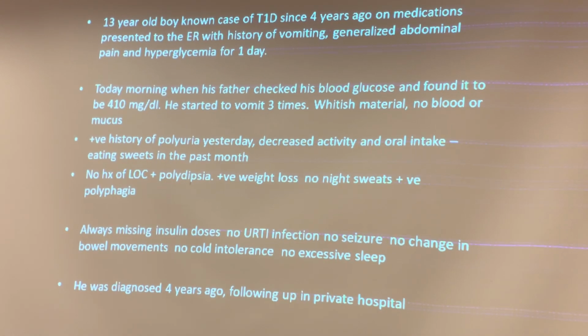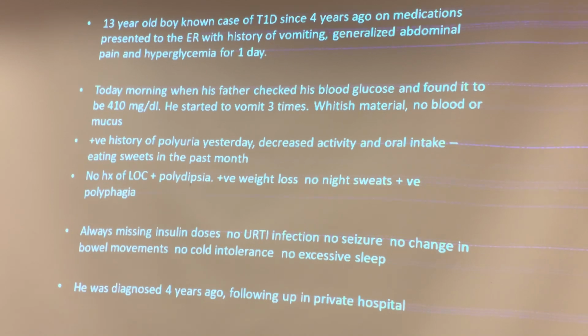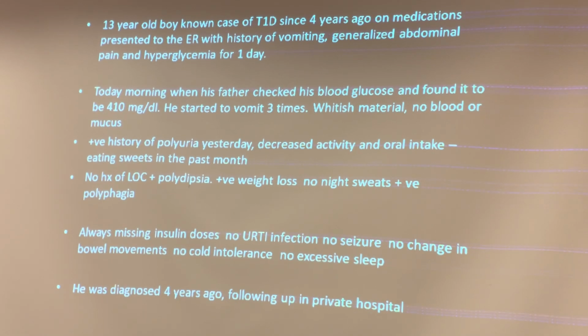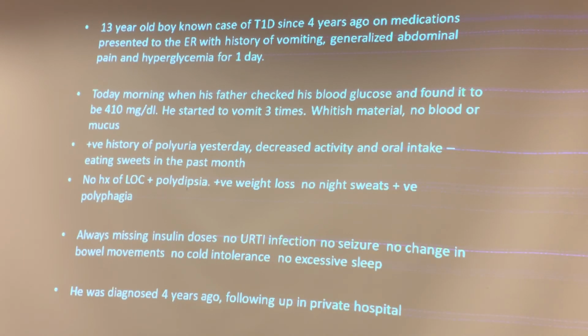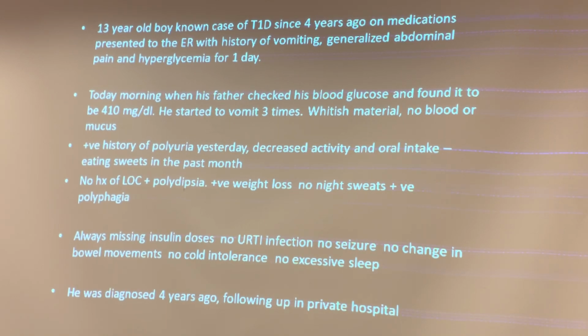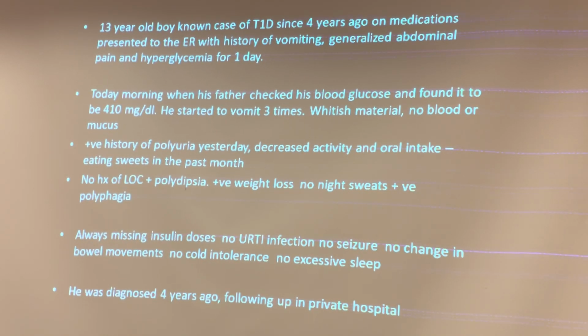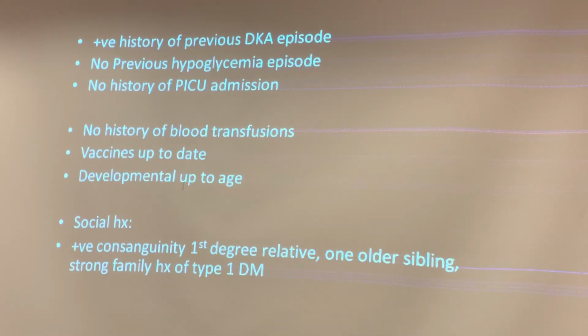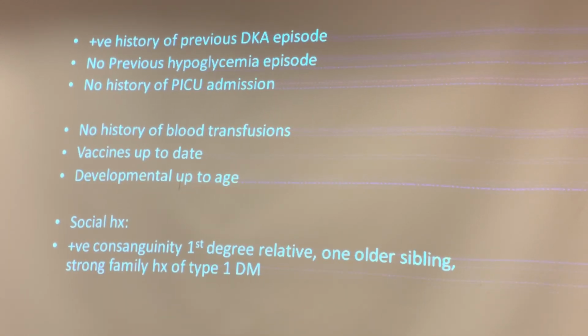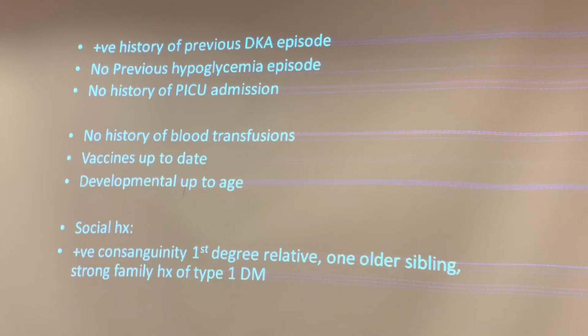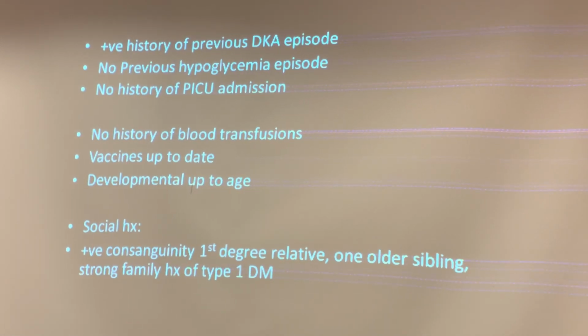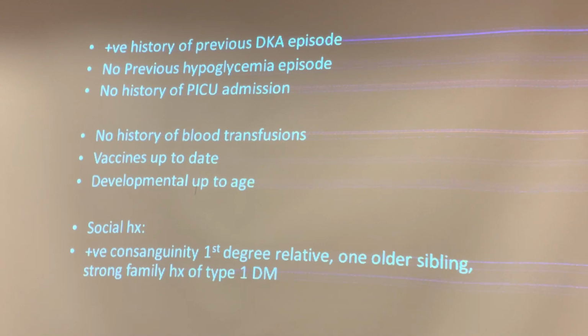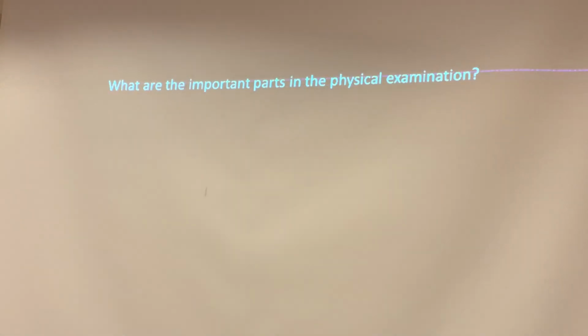No history of loss of consciousness, positive history of polydipsia, positive weight loss, always taking his insulin doses, positive history of previous DKAs, no previous hypoglycemic episodes, and no previous PICU admission. Development, socially, was fine.